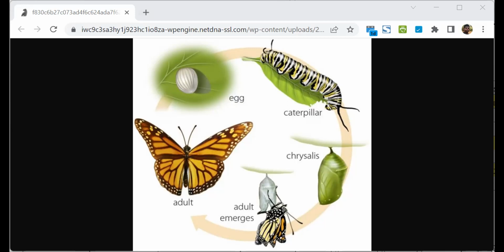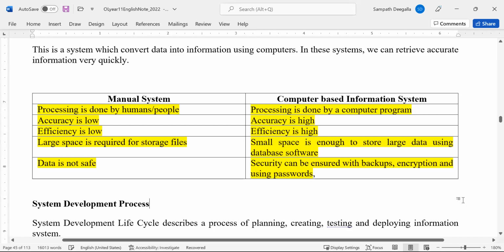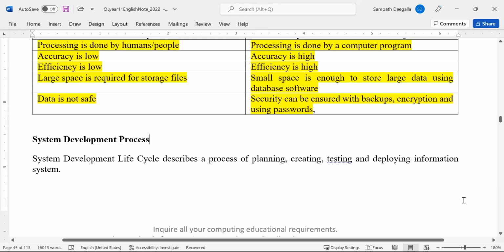And then we have the butterfly. We can see different stages. Okay. Now, a similar thing can go for the information life cycle as well. We are going to look at what the phases are, right? So let's look at what the different phases are.